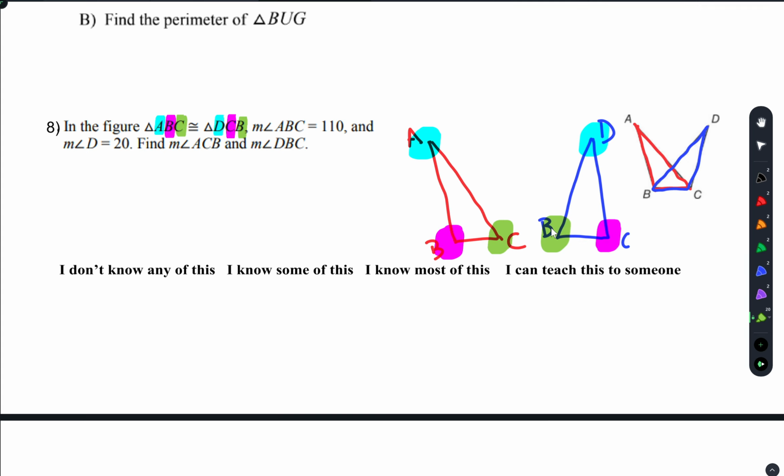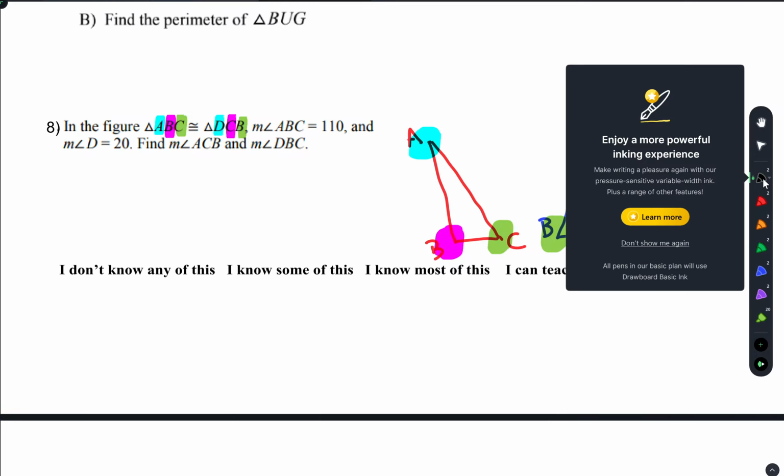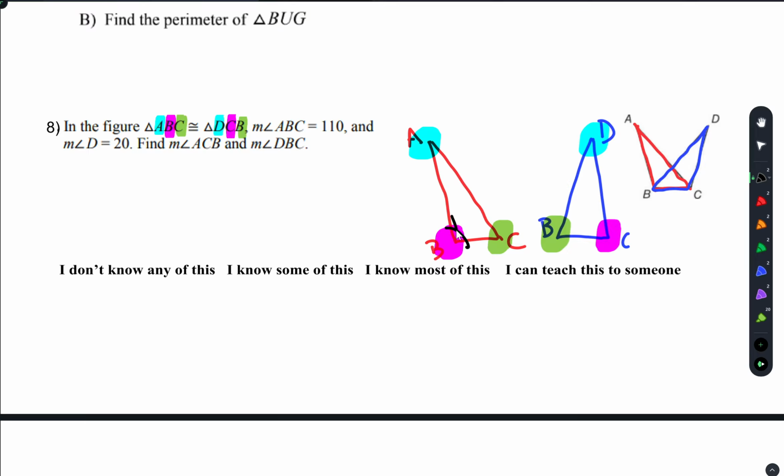A little bit easier to understand now that we've drawn them out, highlighted them, given them a little bit of color coding. So this says ABC is 110. So this angle ABC, where B is my vertex, is right here. That's 110. So I know then that C must also be 110 over here. Angle D is 20, which means this angle A must also be 20. How am I going to figure out those last 2 angles down there? How do I figure out what the remaining angle is?